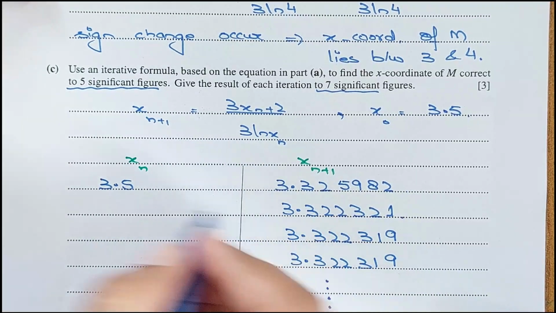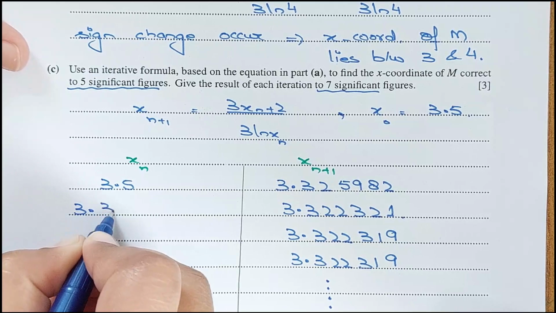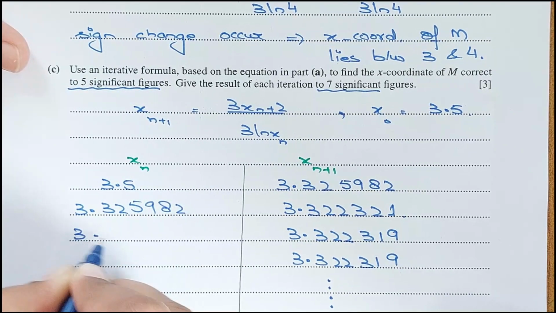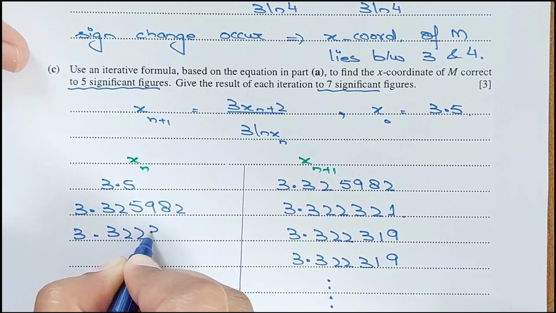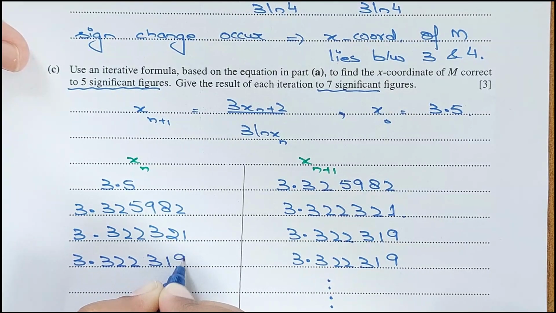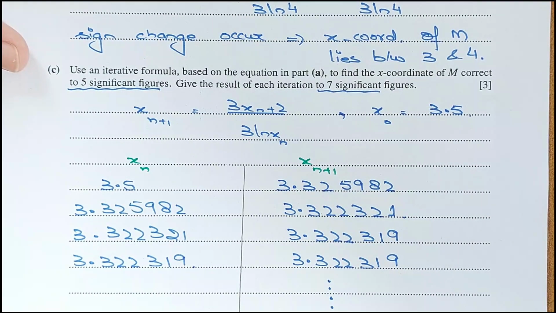Right, let me use the previous ones: 3.325982, 3.322321, 3.322319. Okay, now we have to find the answer up to 5 significant figures.